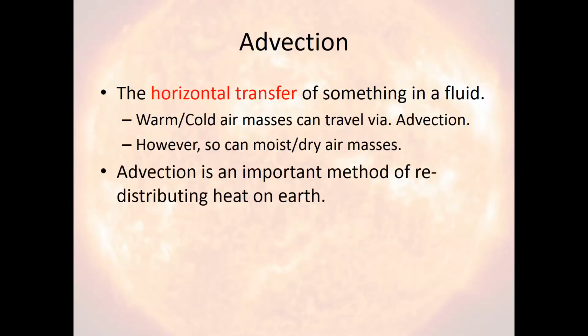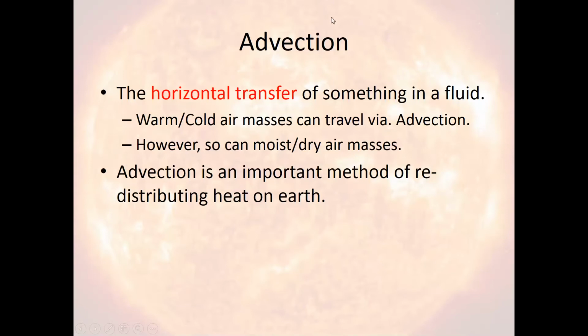There's one other special type of convection I want to talk about. Up to this point, the convection that I've talked about has dealt with vertical motions, air rising and air sinking. But if you've ever been outside on a windy day, you know that air also moves horizontally. And it can bring with it either warm air or cold air. We in the world of meteorology call that advection.